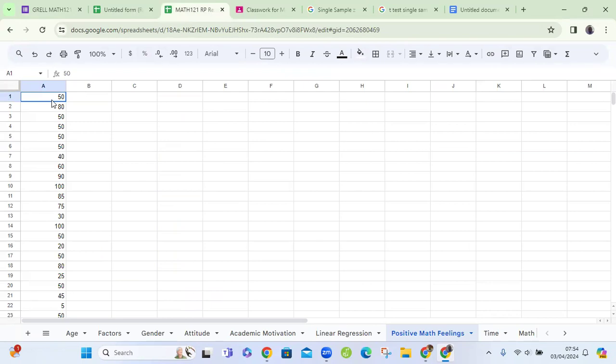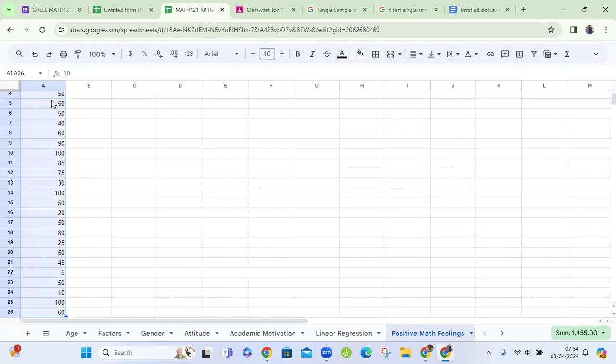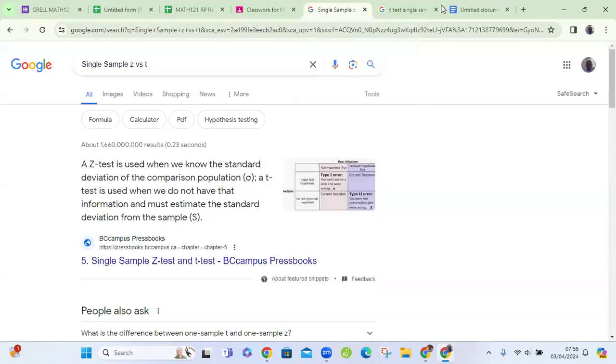So here it is. Here are the values that we are going to use. So we can actually copy this with Control-C, and go to our online calculator. Now, through careful research, it is observed that the Z-test is used when we know the standard deviation of the population, that is sigma.